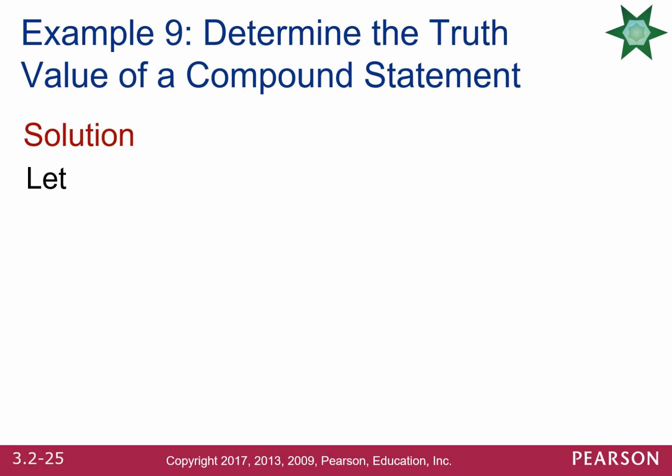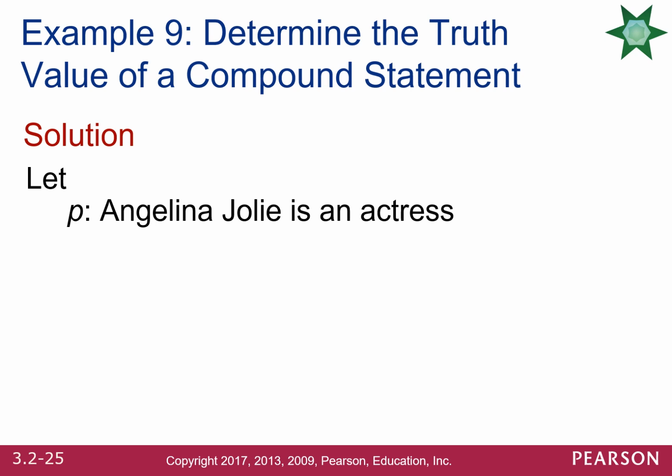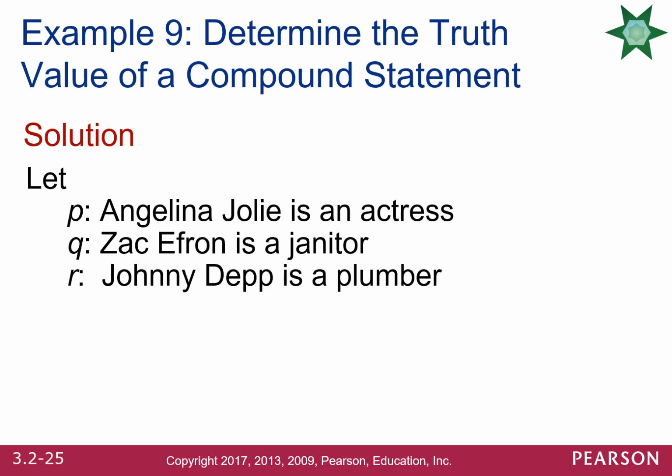So here we have the solution. They've first broken the compound statement down to three parts. The first one saying P represents Angelina Jolie is an actress, Q represents Zac Efron is a janitor, and R represents Johnny Depp is a plumber.